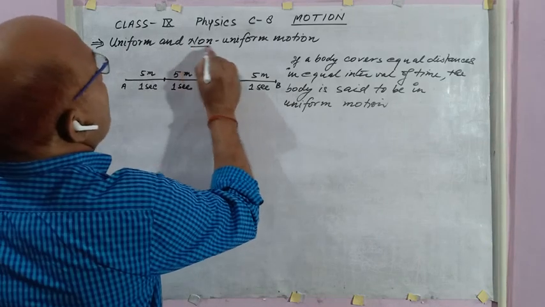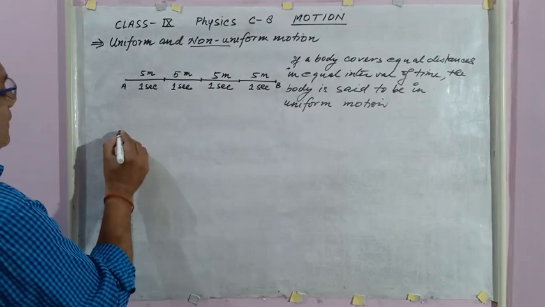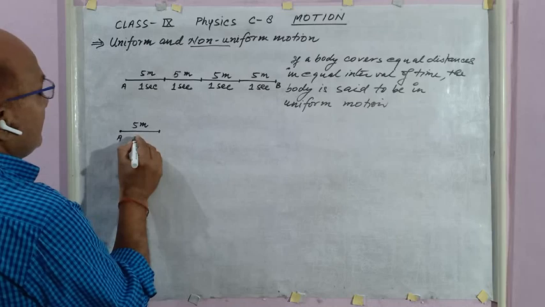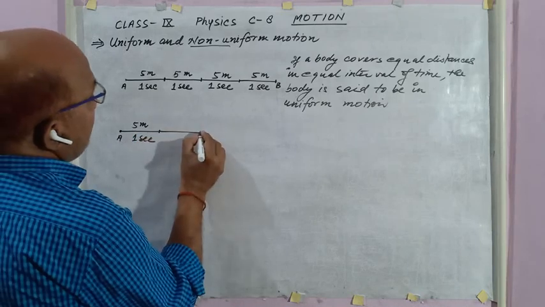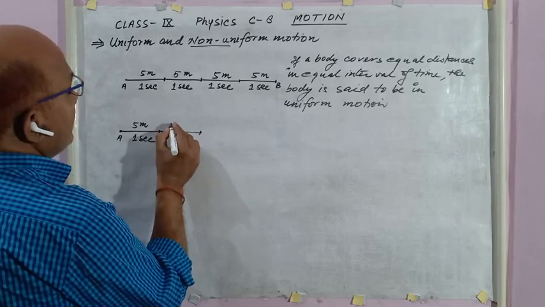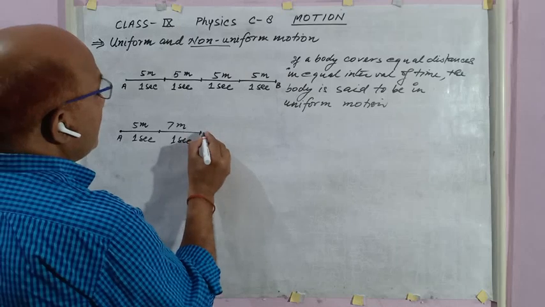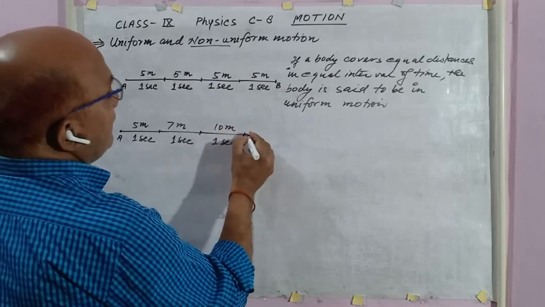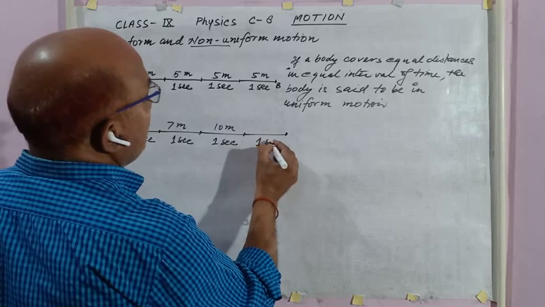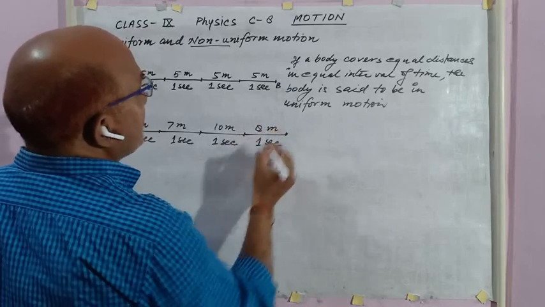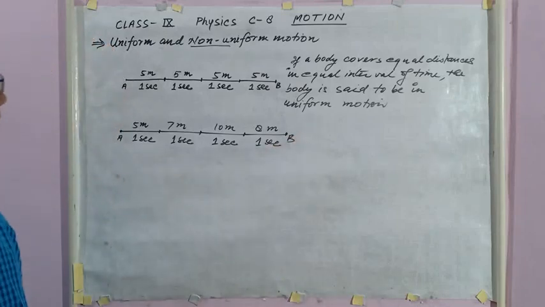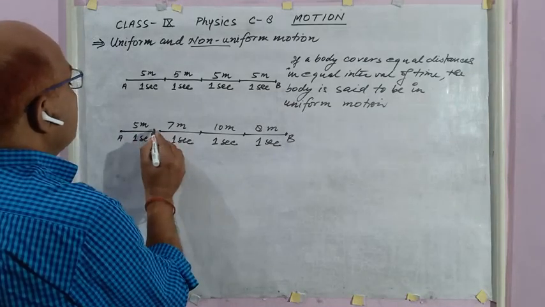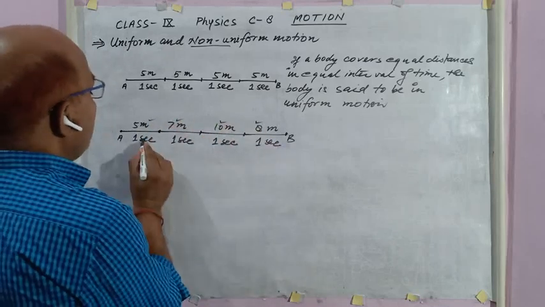Now let us see what is non-uniform motion. Suppose a body starts from A, it covers 5 meter in 1 second and in next 1 second it covers 7 meter and in next 1 second it covers 10 meter and in next 1 second it covers 8 meter and it reaches B. So you can see in this example the body has covered unequal distances in equal interval of time.